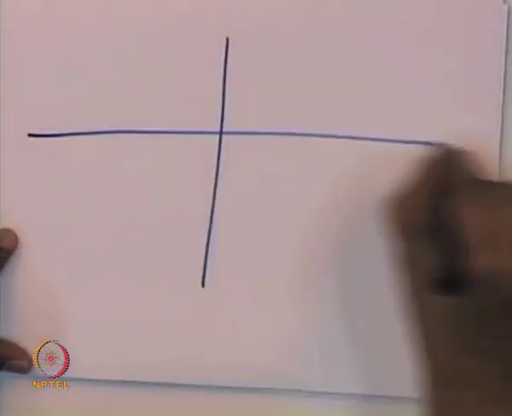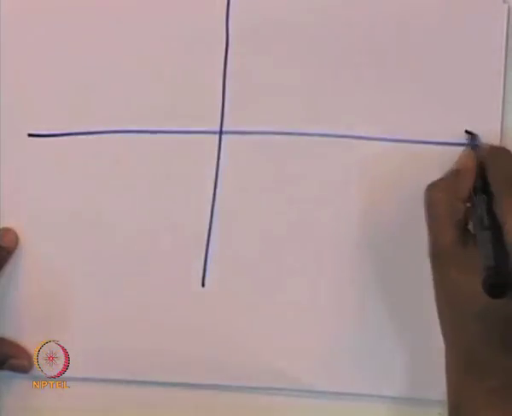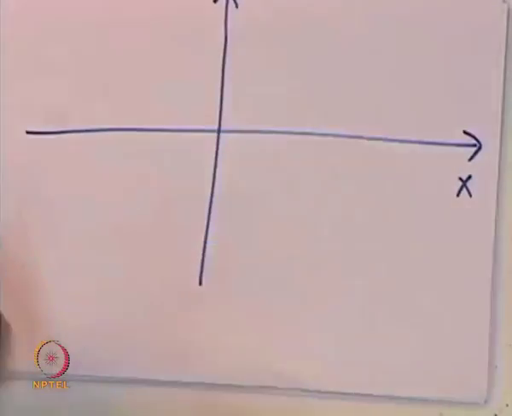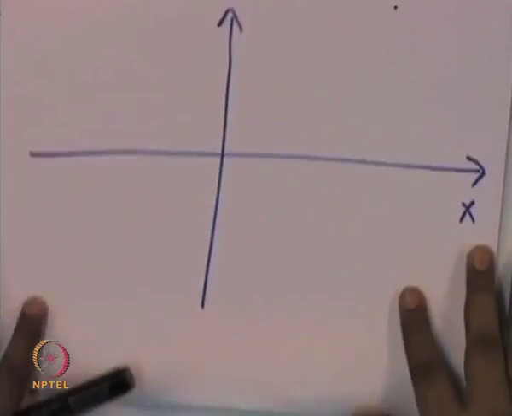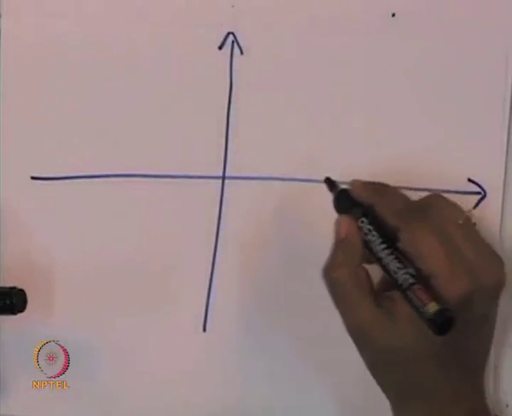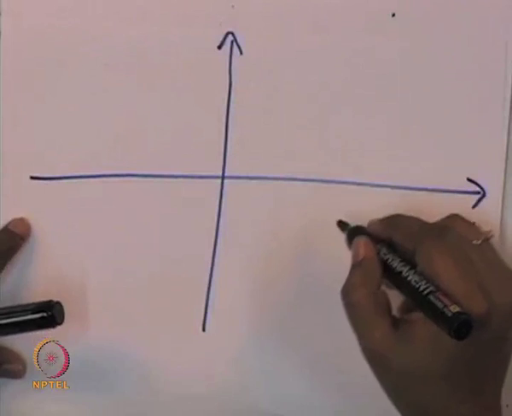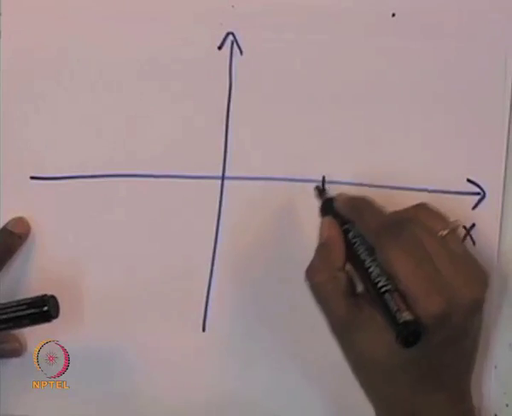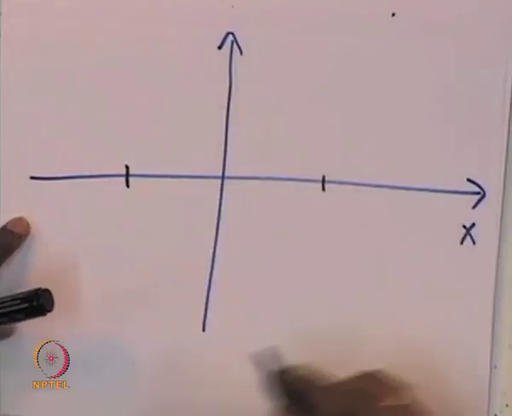So, what do we know? Let us again draw the axes. This is x and this is f of x. We know that the points where it is 0 are at root 3, square root of 3, somewhere here and somewhere here.